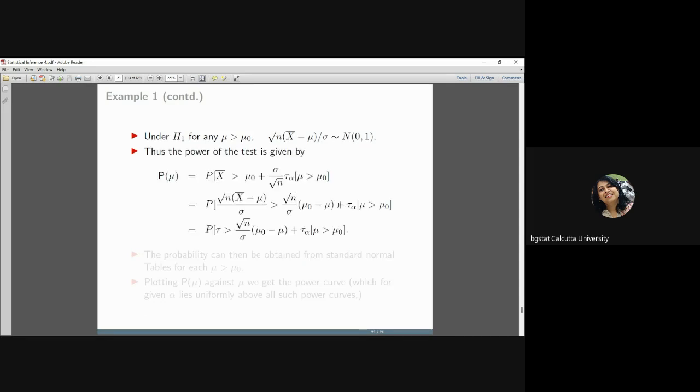And the power, which is not a single value now, it depends on the correct value of mu, is now replaced by what we call the power function. We also typically plot the power function as a function of mu, and the curve we get is called the power curve.